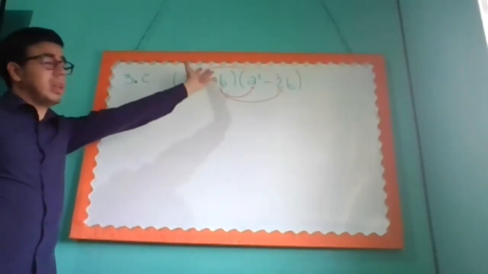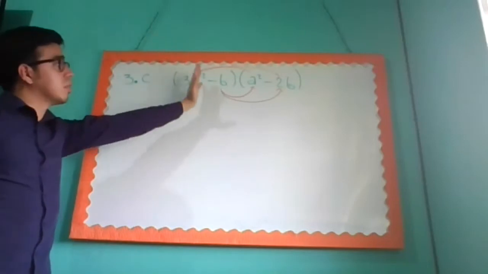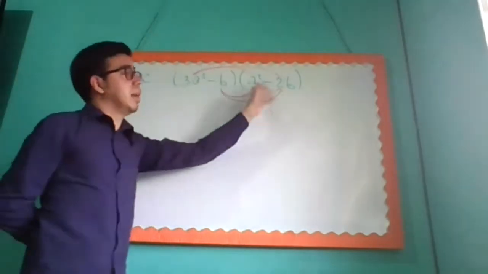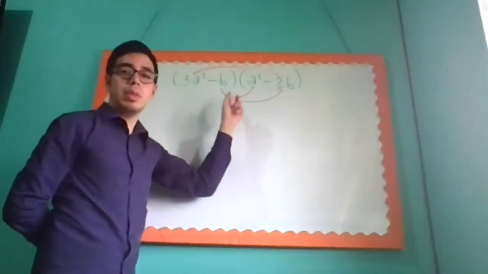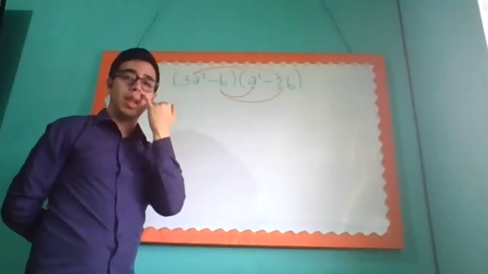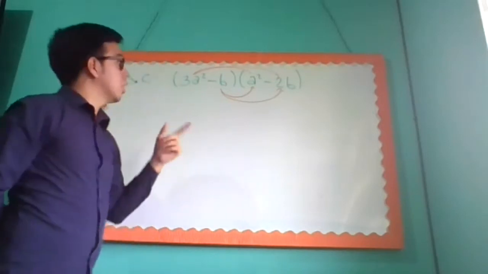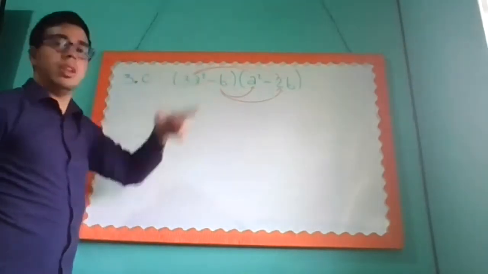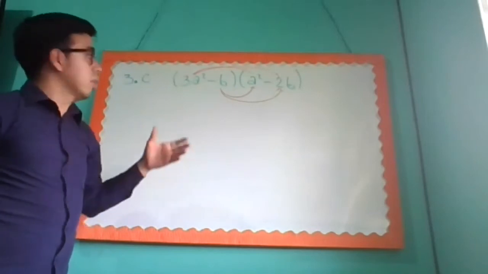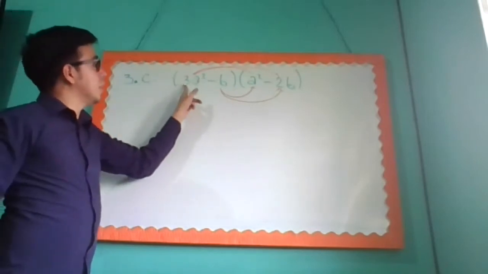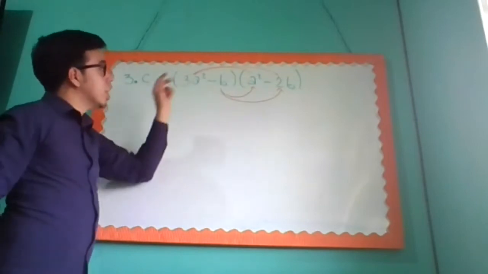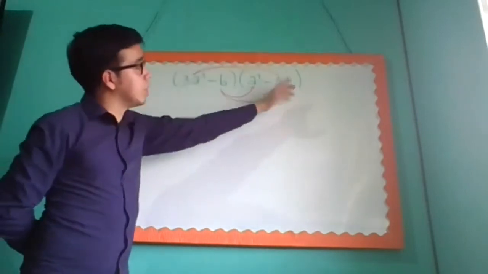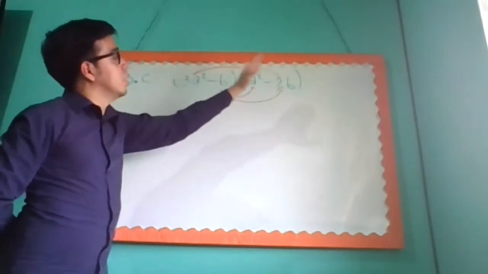So for you to not get confused, you start first with one term and multiply it by the other two that you have on the other side, and later you do the same with the second term. So you don't get confused multiplying one and later the other one. Or you can do the same if you multiply this by the first, later this by the first again. You multiply this by the other one, and this by the other one.